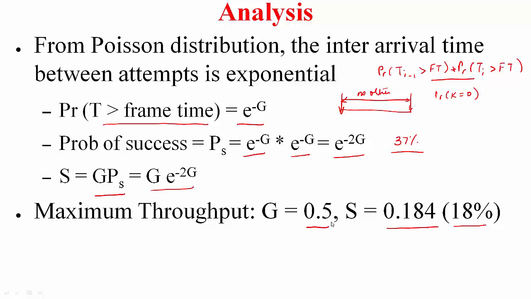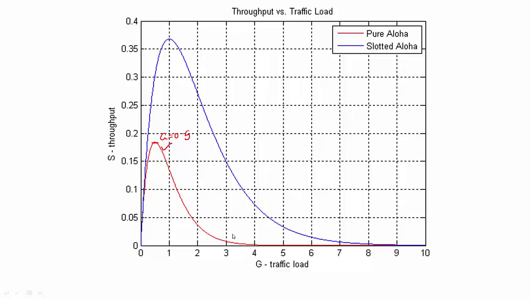In other words, one attempt is made every 2 frame times. So when load becomes high, in fact, the throughput is tending to 0, and even when the load is less, the throughput is not much. So this performance is rather dismal.